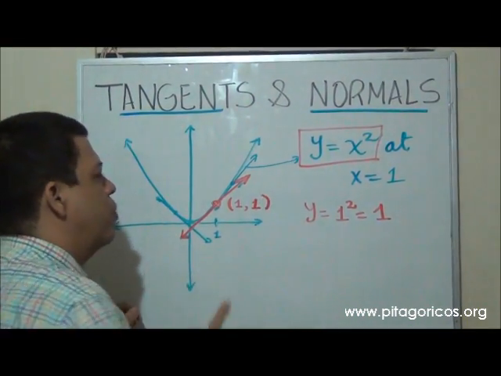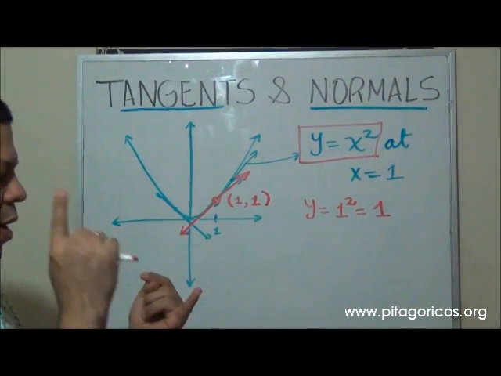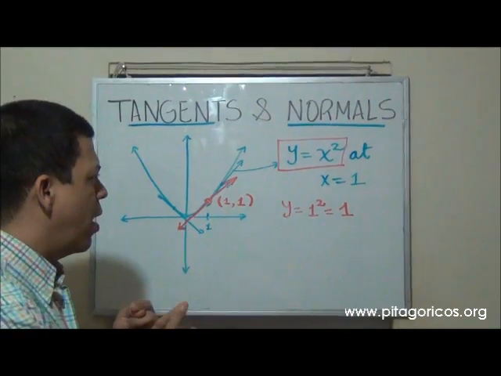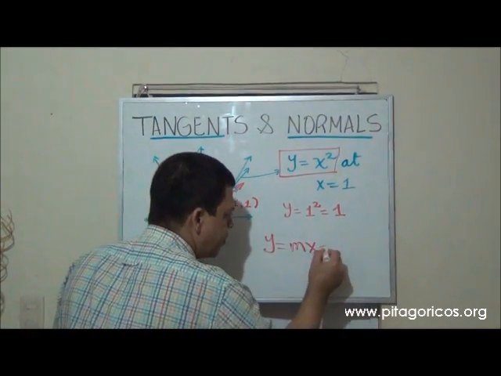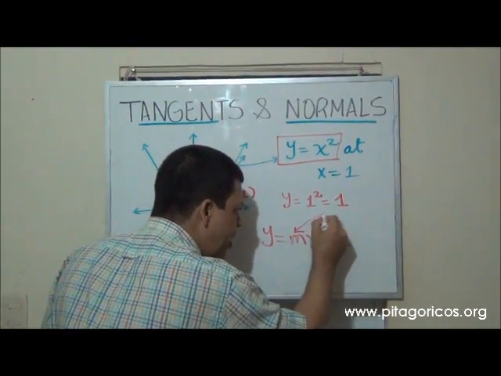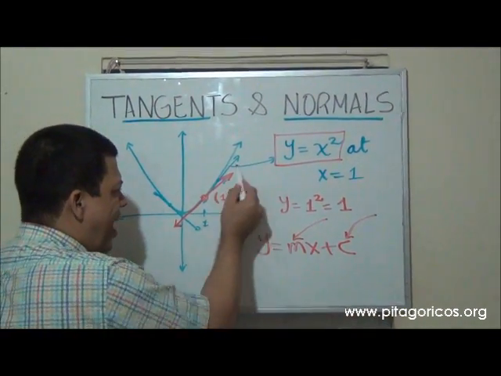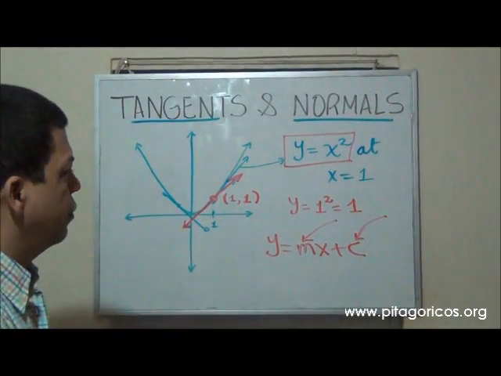We now know that even though we don't know the slope, that is the gradient of our tangent, or the y-intercept, remember that what we're looking for is that, right? We don't know the gradient, we don't know the y-intercept, but now we know that that line passes through the point 1, 1, and that is going to be very helpful.